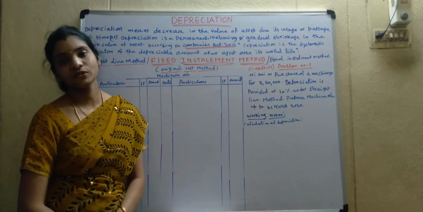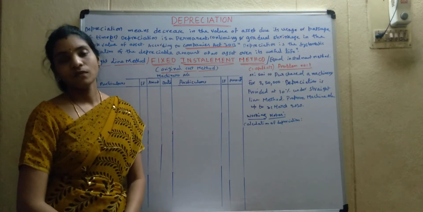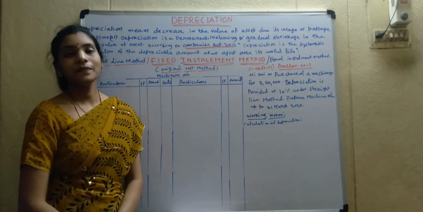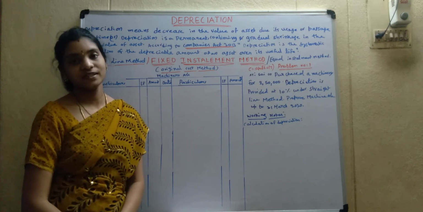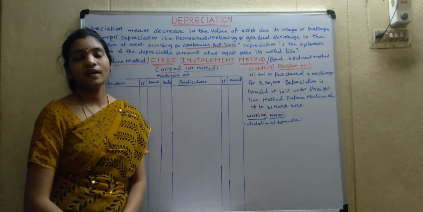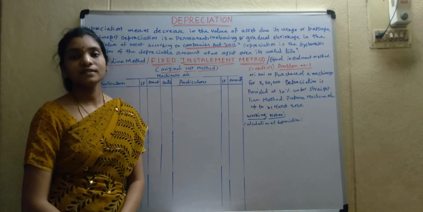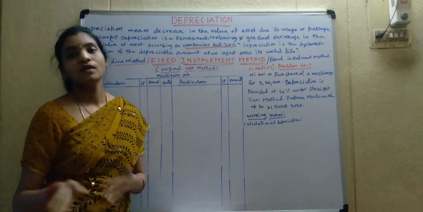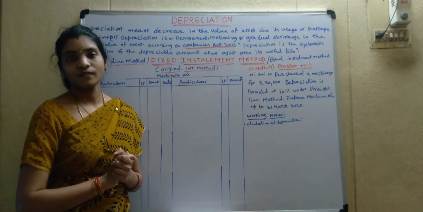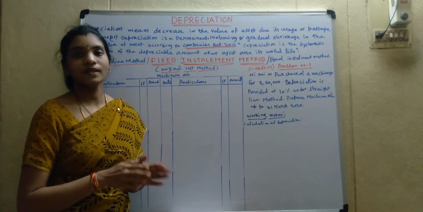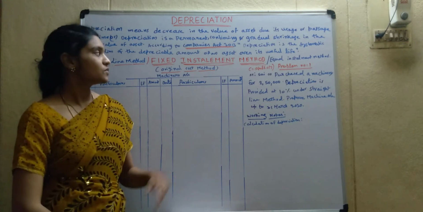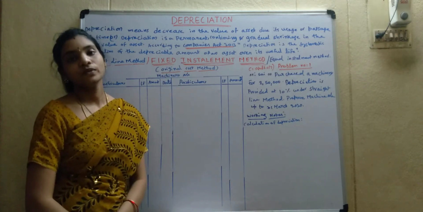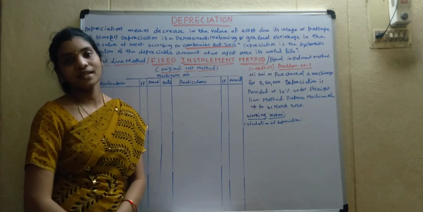What is the fixed installment method? The name itself says fixed. What is fixed here? Depreciation is fixed in this method. Once we start to charge depreciation on the asset, we have to depreciate it throughout the life of the asset. According to the fixed installment method, we charge depreciation at a fixed rate.